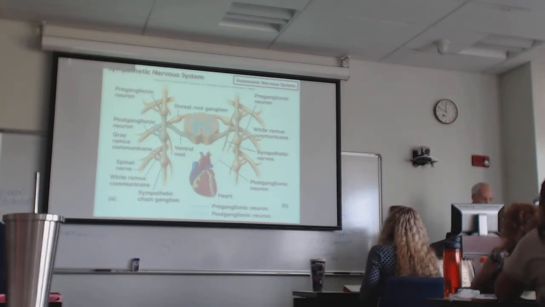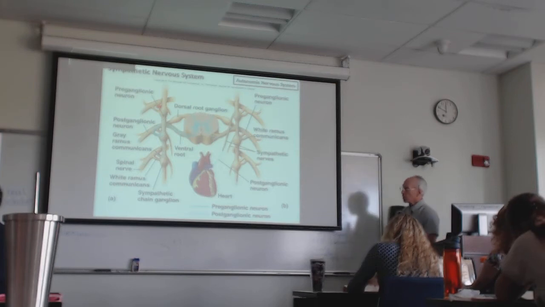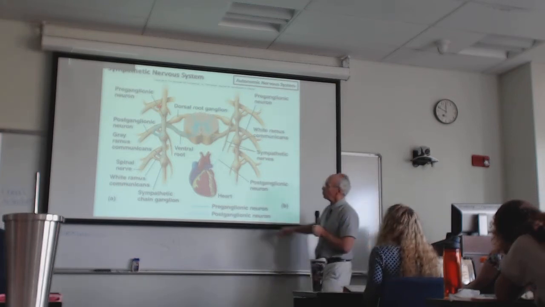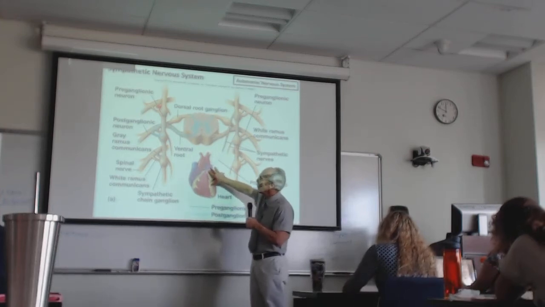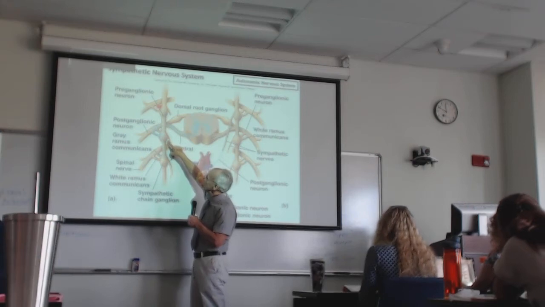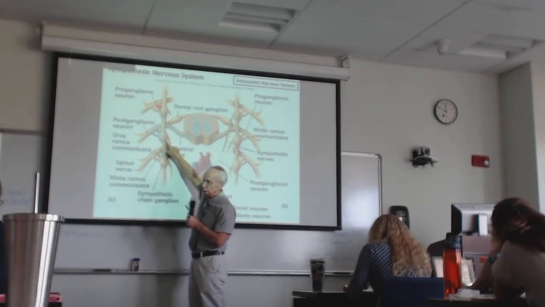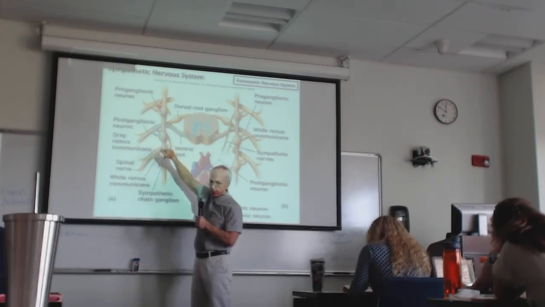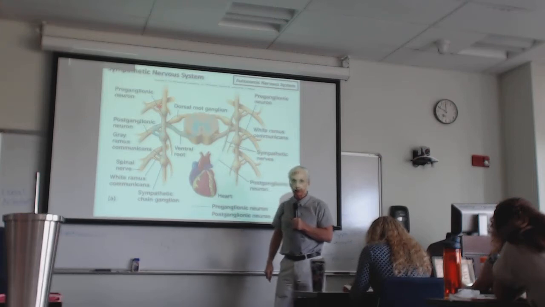It leaves by the gray ramus here. So one way of saying this: for all tissues above the diaphragm, not including the heart, when the postganglionic process leaves the sympathetic chain ganglion, it re-enters the peripheral nerve by means of the gray ramus.